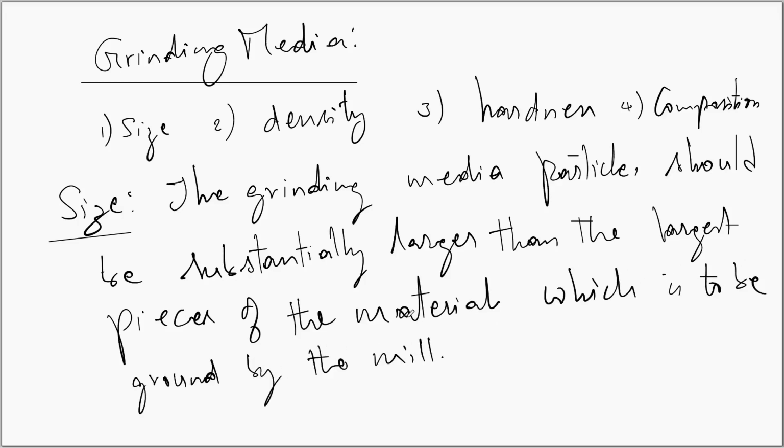Here the point is, the grinding media, meaning the balls, should be substantially larger than the largest pieces of the material to be ground. So if 1 millimeter is the dimension of the largest piece of the material to be ground, then we should have at least 10 millimeters or even higher dimensions for the grinding media, that is the balls.